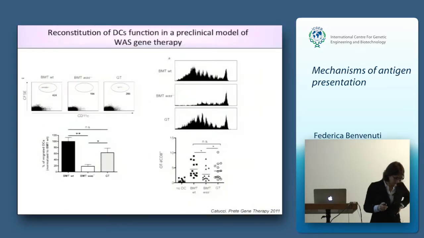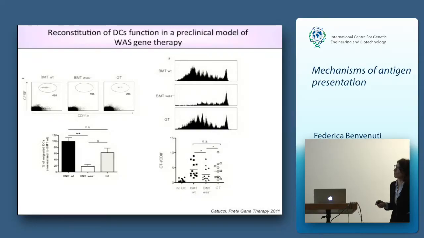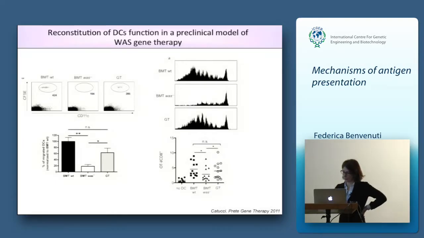Having these experiments and readouts well set, we collaborated with a group in Milano who is developing and actually put in clinics the gene therapy for these kids. And we, in a preclinical model, show that indeed gene therapy treated animals rescue their capacity to migrate to the lymph node and to activate T cells.